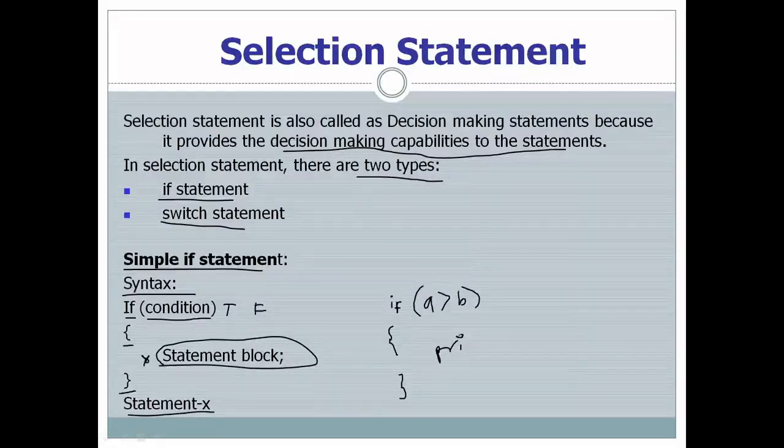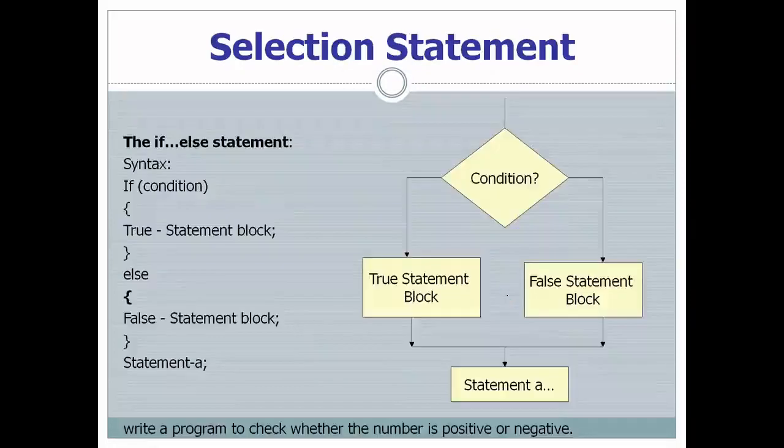So we have only one block, that is the true block, in simple if, and this block is only executed when the conditional statement is true. Okay, that is about the simple if statement.